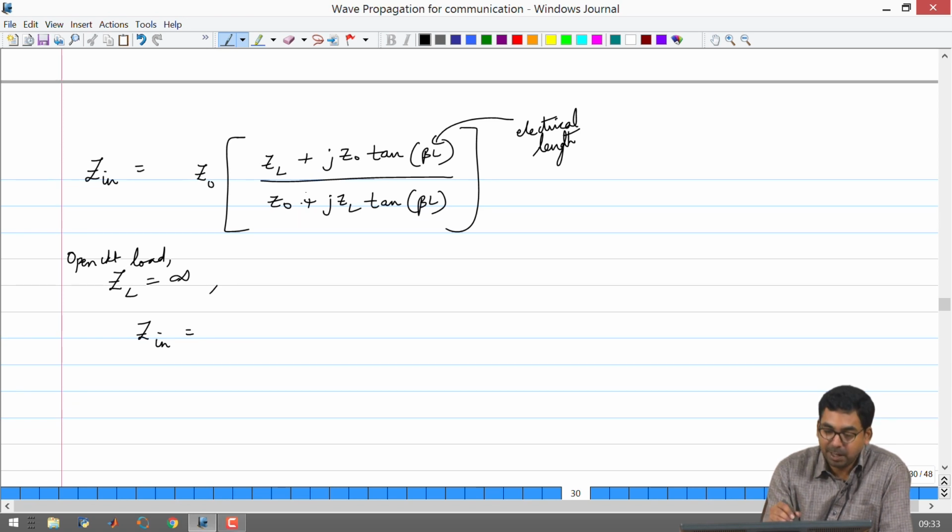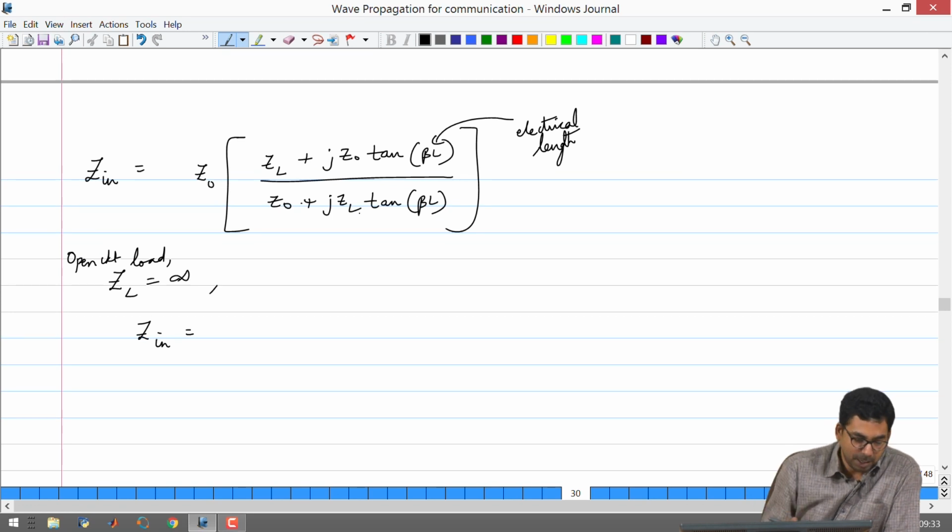Whenever you have infinity coming in, you have to take it to the denominator somehow. So, you can divide the numerator and the denominator by ZL, that way you will have Z naught by ZL, and ZL by ZL in the denominator will become 1.